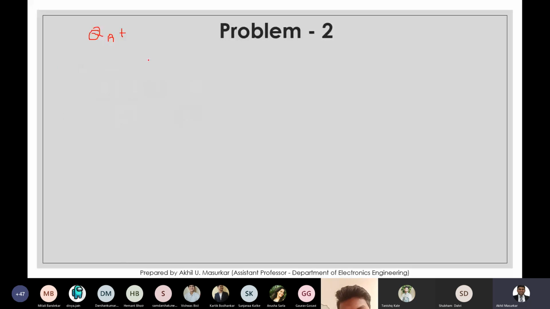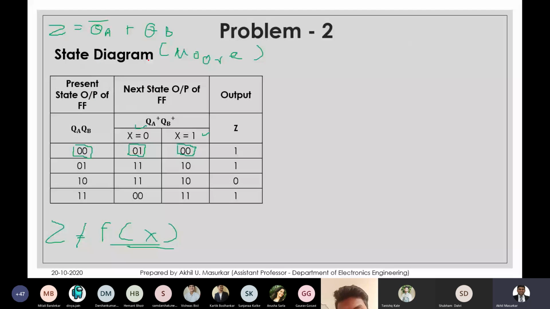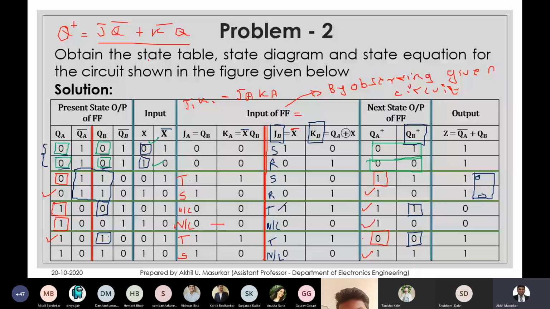Those who are getting confused how to fill QA plus, let us go to QA plus. This is QA plus, right? So this is 0, this is 0, 1, 2, 3, 4, 5, 6 and 7.